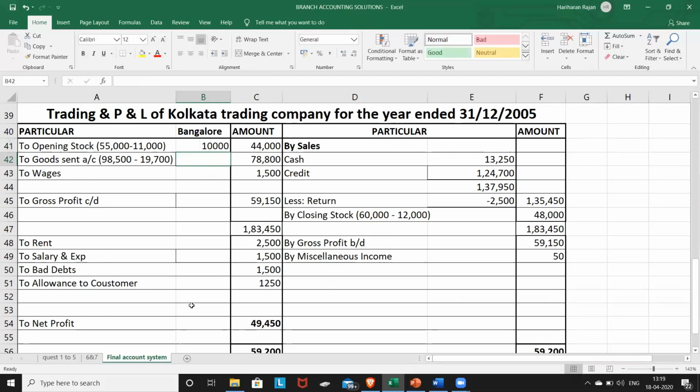So all the information will be entered in this column, and let us assume I made a profit from the branch of Bangalore. I had a profit of 10,000. So now head office will know easily what is the total profit it has made from both the branches. So from Bangalore, I got 10,000, and from Patna branch, I got 49,450.